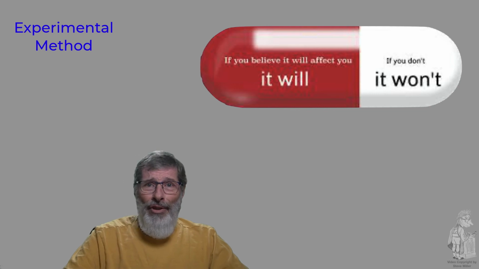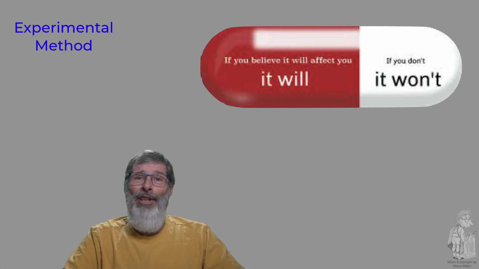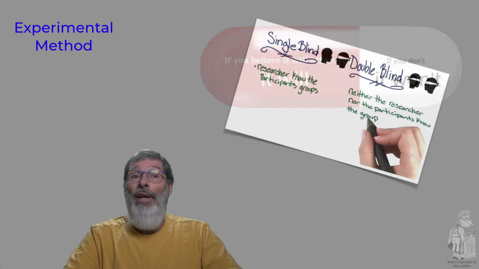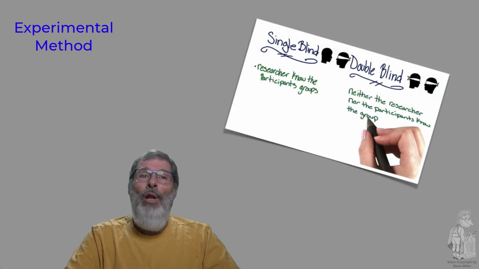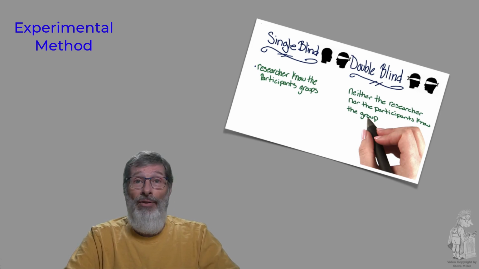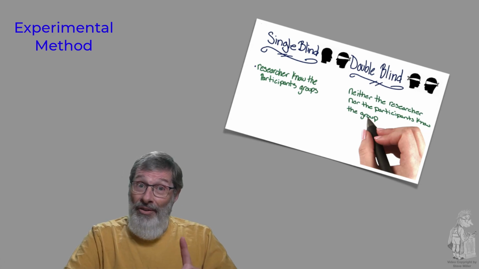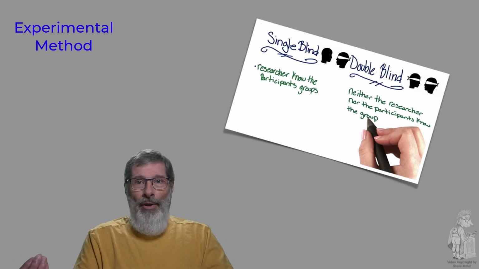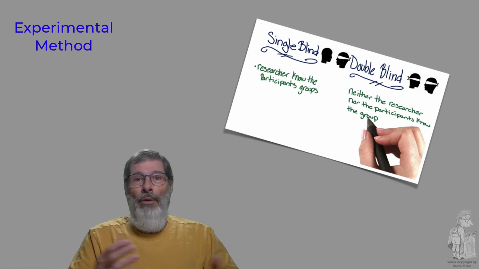So protecting against the effects of expectations, researchers use blind and double-blind experiments. A blind experiment is to control for the expectations and effects by creating conditions where the subjects are unaware of the treatment. Whereas a double-blind, neither the subject nor the experimenter know who has obtained the treatment.